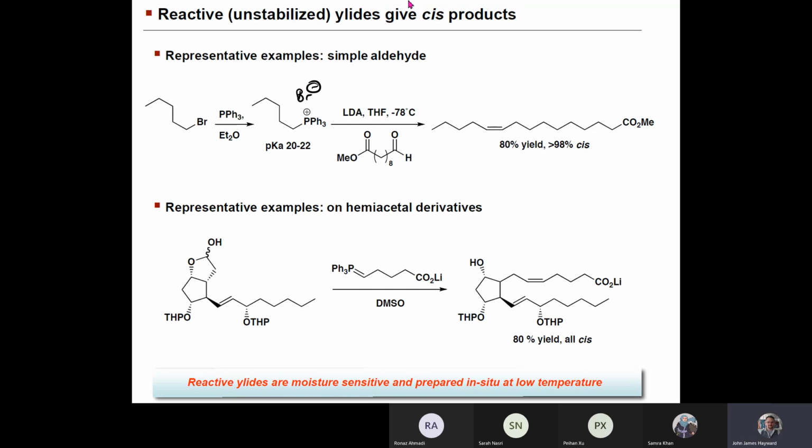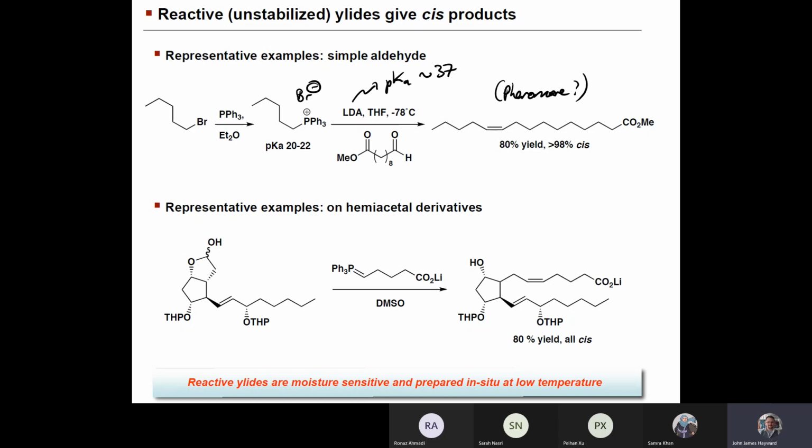You can then treat that with LDA. LDA has a pKa of around 37, so easy deprotonation, and then you react it with the ester aldehyde shown below the arrow to give this alkene, which I think is a pheromone, but I forget which one.